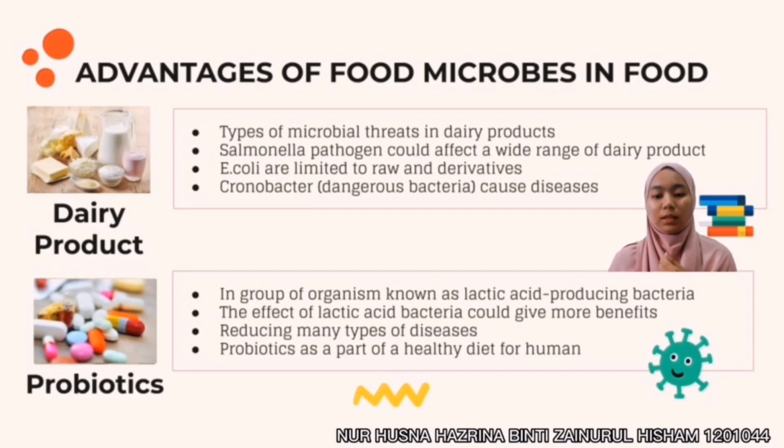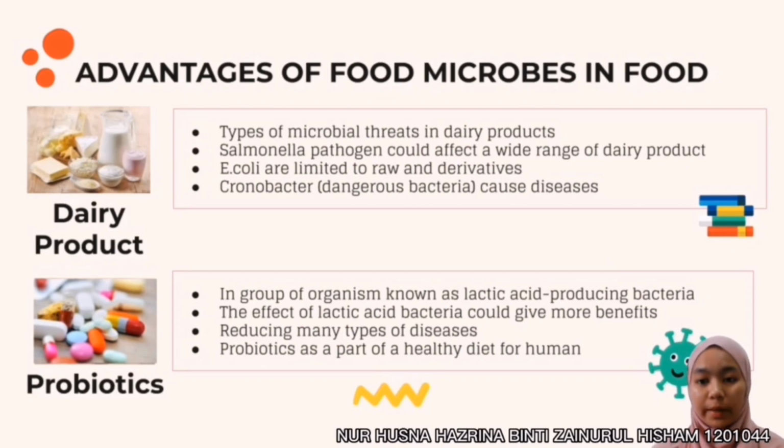and meningitis. The next advantage of food microbes in food is probiotic. Probiotics are usually defined as a microbial food supplement with beneficial effect on the consumer. Most probiotics fall into the group of organisms known as lactic acid producing bacteria and are normally consumed in the form of yogurt, fermented milks, and other fermented food.